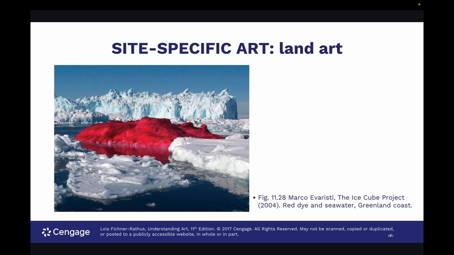This is a piece that is unusual because it was done on an iceberg. The artist got about, I think the textbook said, 780 gallons of safe dye. It's dye that's used to tint meat in the meat production process, and it was all sprayed over this iceberg.